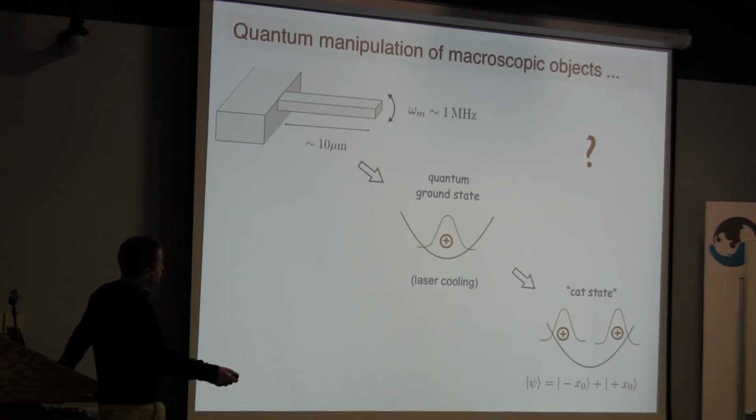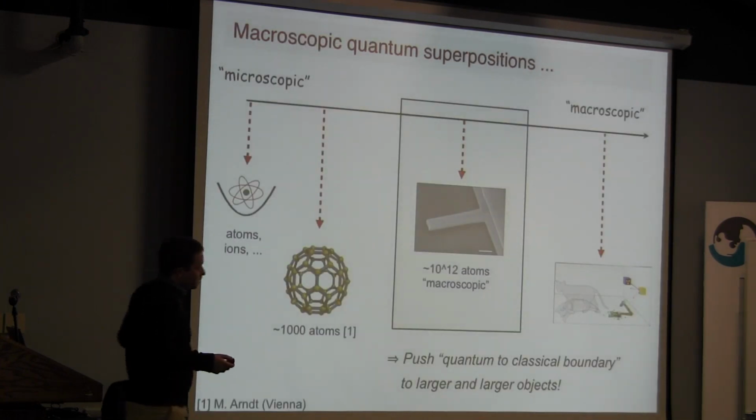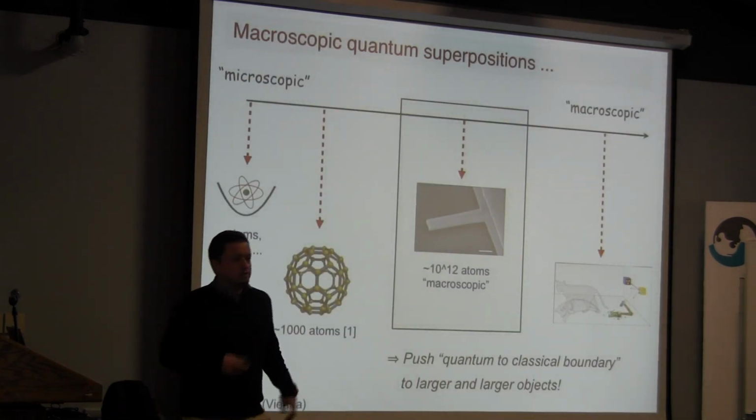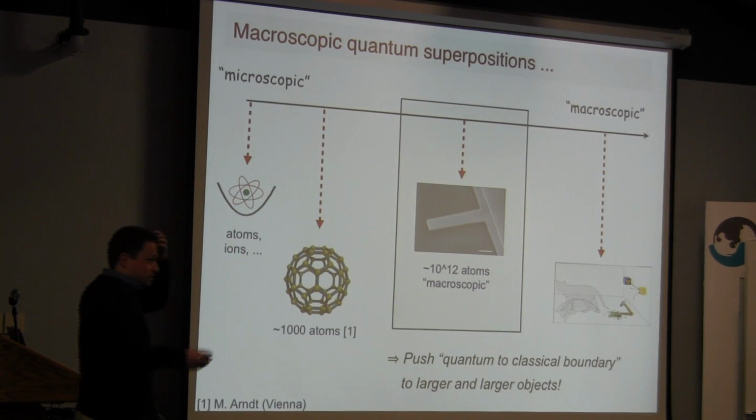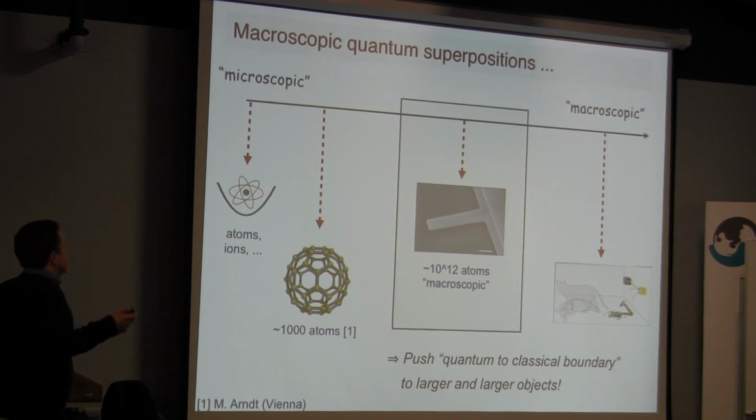Okay? Maybe a large molecule, or eventually something like a nanomechanical oscillator, with 10 to the 12 atoms inside there, which is really macroscopic. So then I think the first question you have to ask yourself is why should this be interesting, or why should we go there? I think there are different motivations, and Oriol, especially Oriol and also Andrew, pointed out.